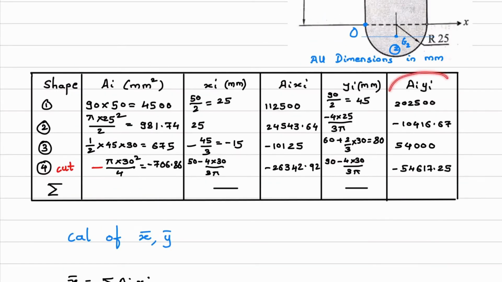So we have to take summation of ai yi also. So we'll write down those values. So summation of ai, it is 5449.88, and summation of ai into xi, summation ai into yi.